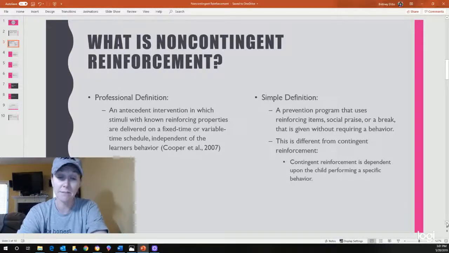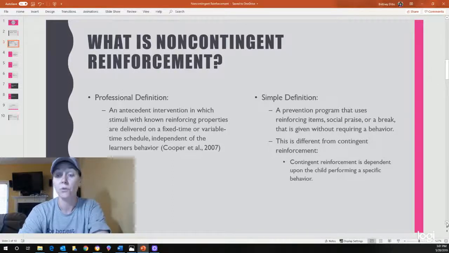To simplify that, it's a prevention program where we give reinforcement to the learner. That's something like praise, a break, or even items without requiring them to behave a certain way.